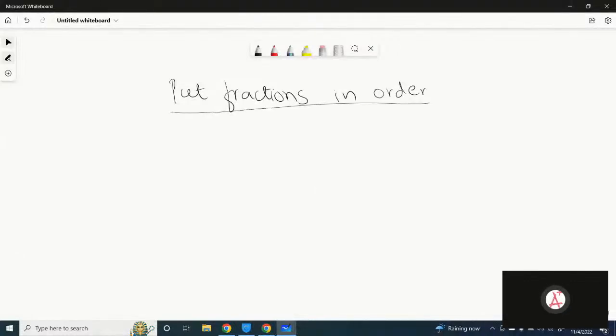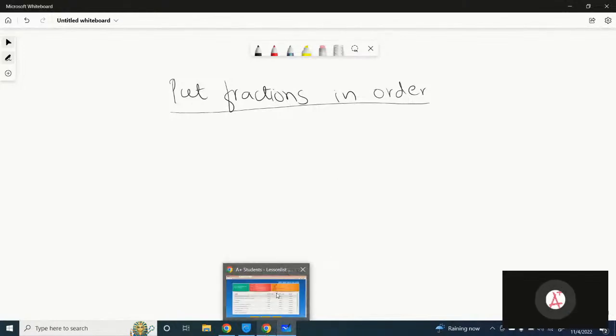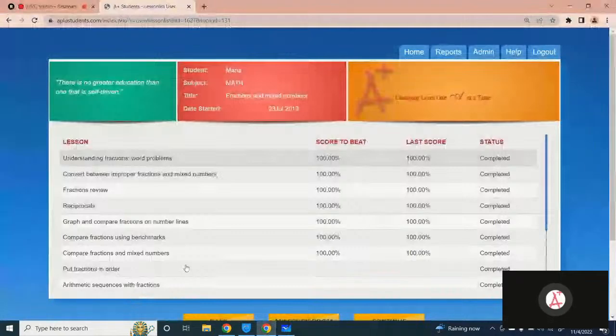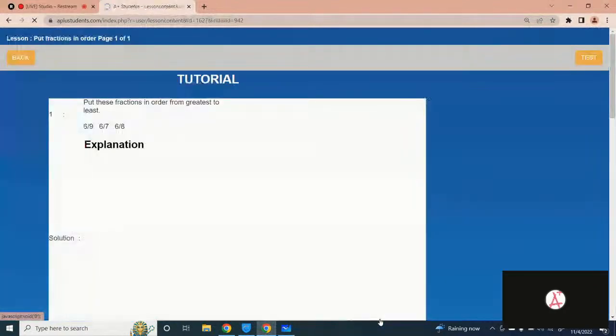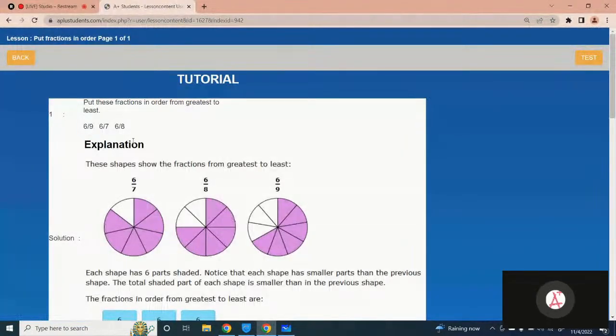Okay, now you are given the fractions, you have to arrange them in order. Let's start with the first example. Okay, 6 by 9, 6 by 7, and 6 by 8.